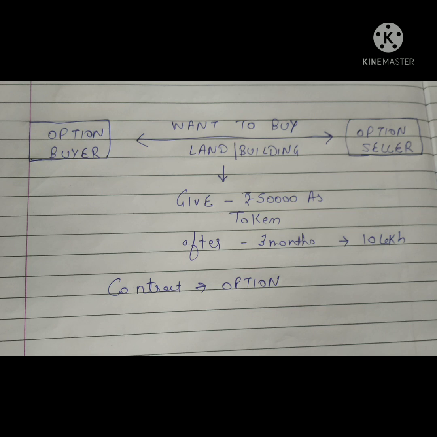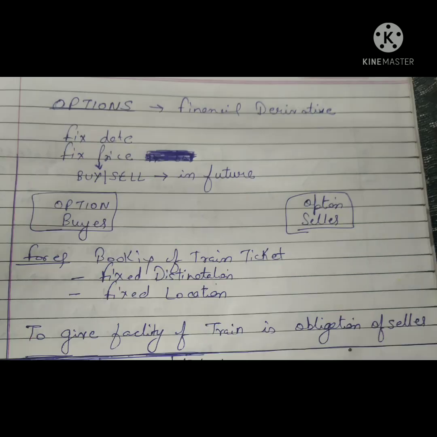Why has he given 50,000 rupees? Because he knows that in the future, if he doesn't want to buy, or if the market price of that building rises or falls, then he can cancel that contract. So this is basically an option contract. Here the seller also has a right. The seller will keep his 50,000 rupees if the buyer doesn't want to buy the land or property for any reason.